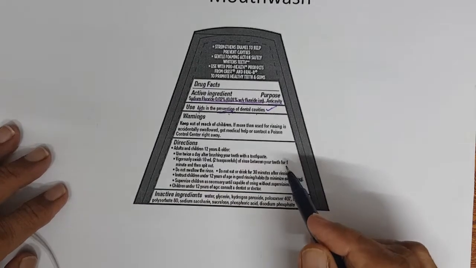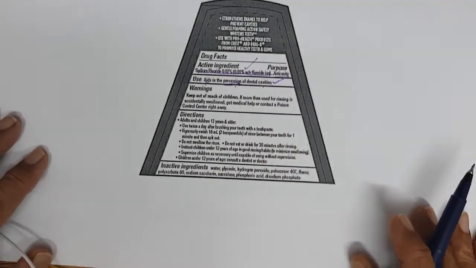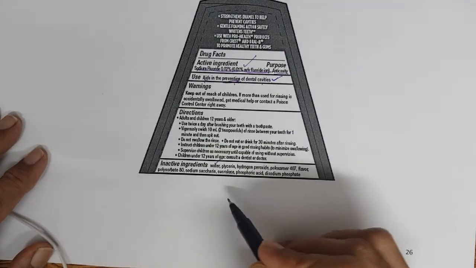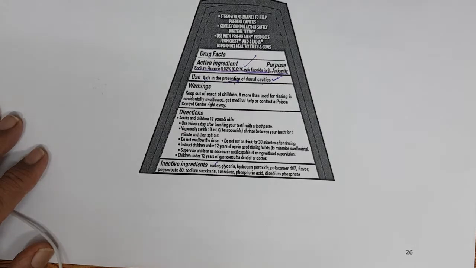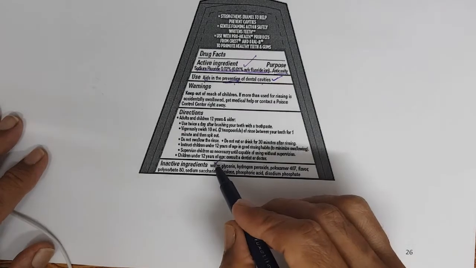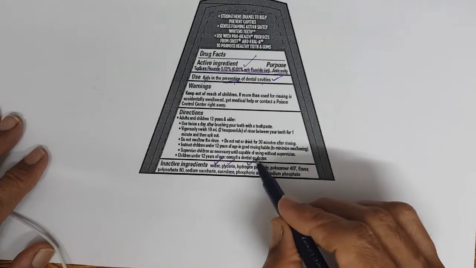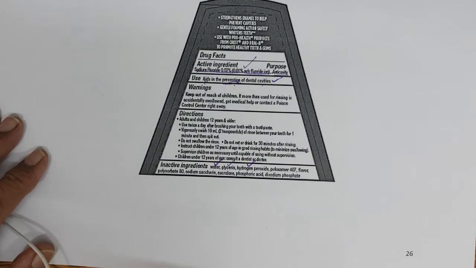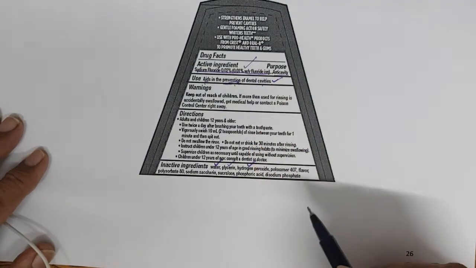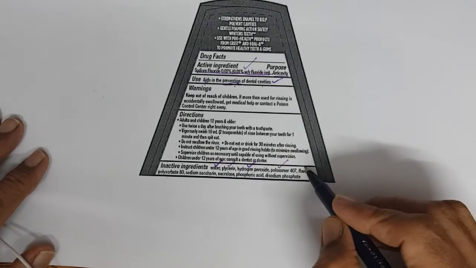Warning, keep out of reach of children. So, the basic active is sodium fluoride. What are the other ingredients? Water. So, this preparation is an alcohol-free preparation, right? Water, glycerin is the humectant, hydrogen peroxide is used along with fluoride in this product, right, for teeth whitening and teeth strengthening. Poloxamer 407 is a solubilizer.